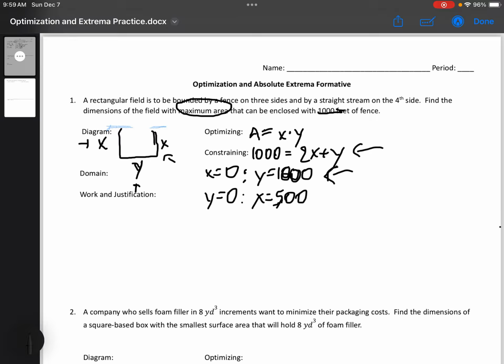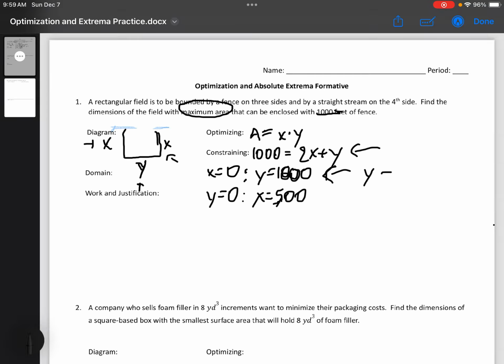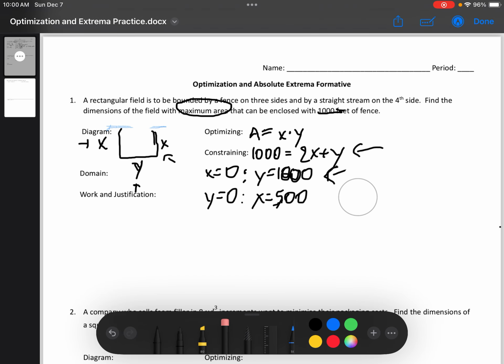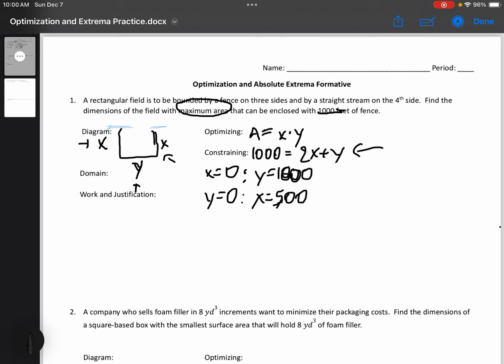In places where y is going to infinity or negative infinity, you can see that x equals 0 is not included in the domain because y is going towards unbounded numbers. But in this case, y is equal to 1,000. So y is defined, and we include 0 in the domain.